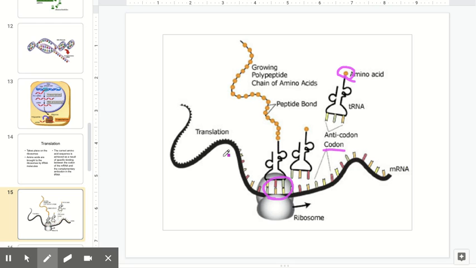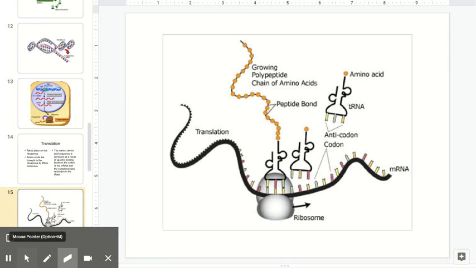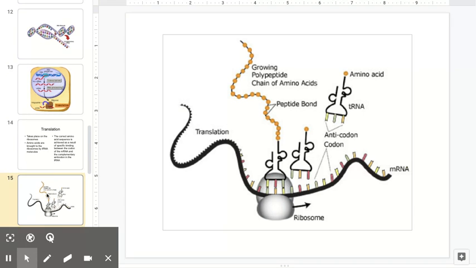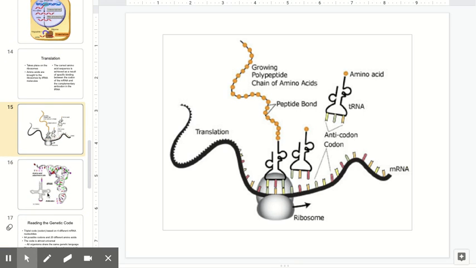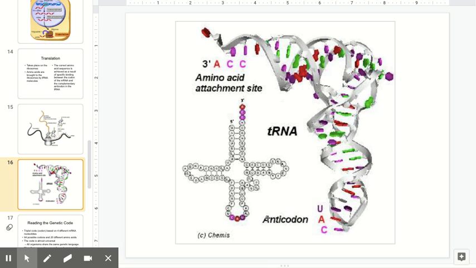It's pretty cool, but it's extremely important for making sure that the protein that's created is the correct protein.